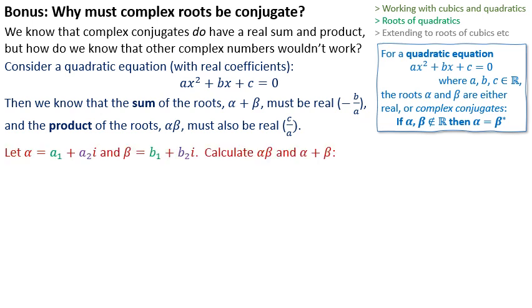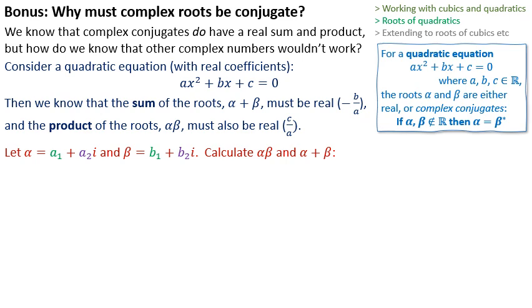Well, we're going to start by writing our roots like this. But I want to point out briefly at this point, if we don't know anything about alpha and beta, we don't know if they're going to be purely real numbers or not, then it's still safe to write them in this format, because it might turn out that alpha is actually negative 3, in which case that's not a problem. A1 will be minus 3 and A2 would be 0.